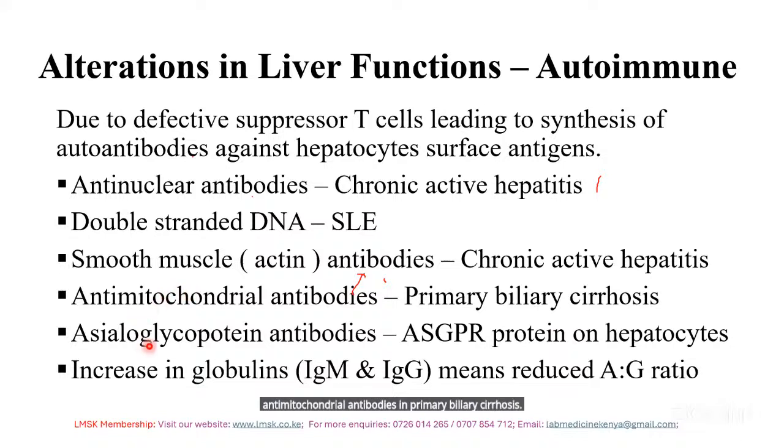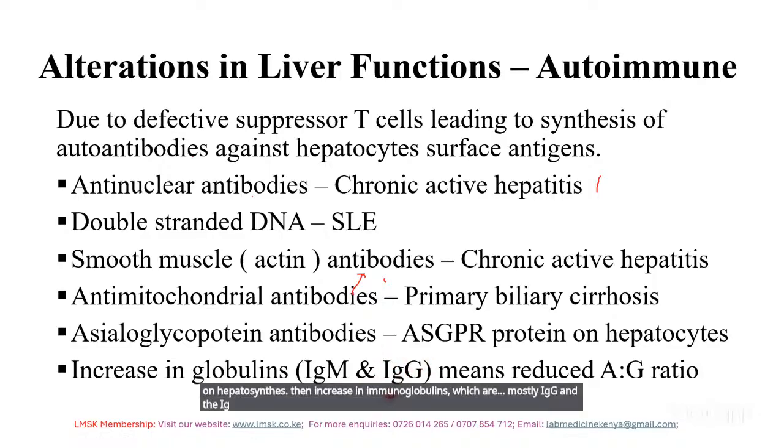We have asialoglycoprotein antibodies, where we have too much expression of asialoglycoprotein receptor on hepatocytes. Then an increase in immunoglobulins, which are mostly IgG and IgM, because IgE, IgD, and IgA are very, very limited, and most antibodies are usually IgM and IgG in nature.